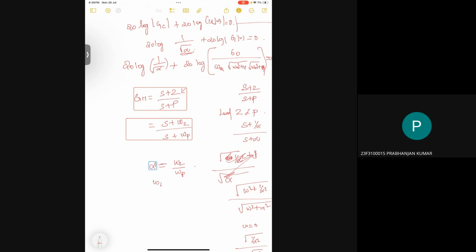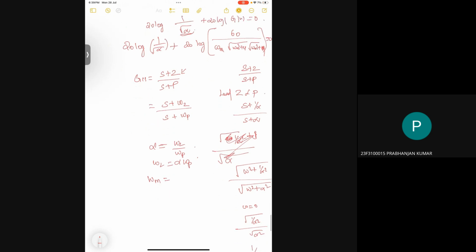So omega Z can be written as alpha into omega P. Then omega M, the maximum magnitude frequency, can also be written as root of omega Z into omega P. This will give us omega Z, alpha omega Z. Oh, sorry.